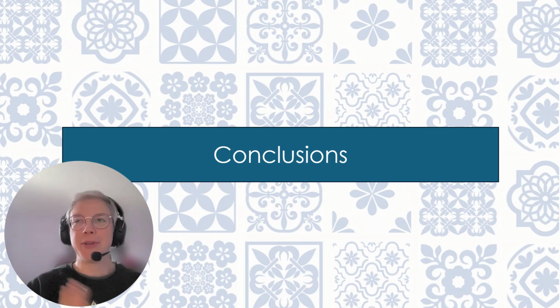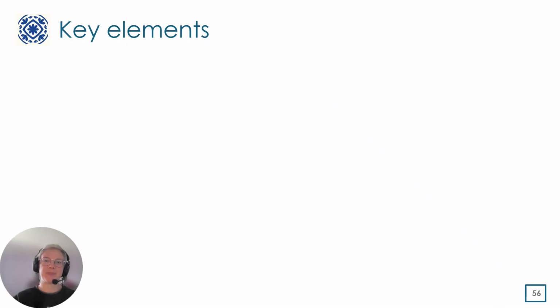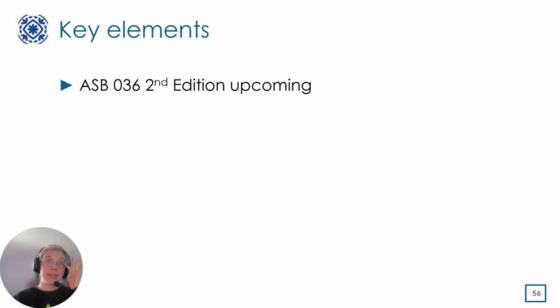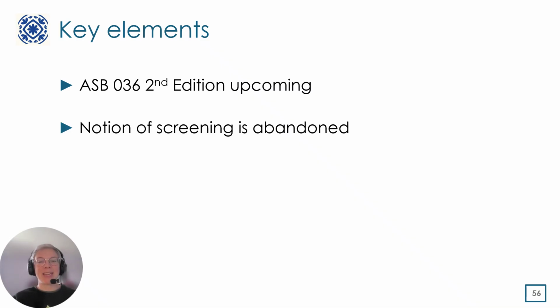Okay, so a few conclusions. This was a lot of new material to digest, and I just want to recap some of the most important points. A second edition of ASB 036 has been drafted and is going to be out for comments at some point. The notion of screening is abandoned in this document.